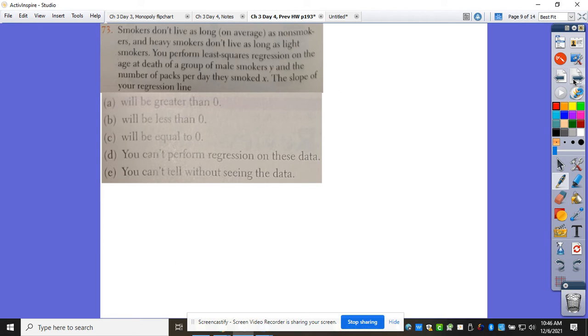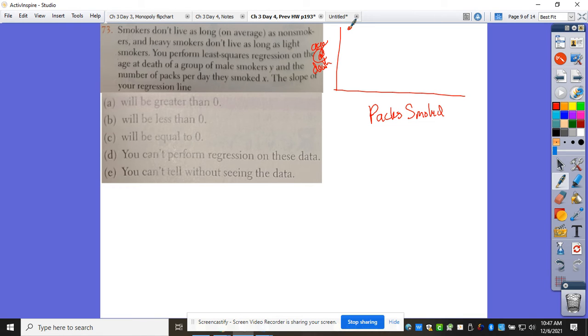Smokers don't live as long as non-smokers, and heavy smokers don't live as long as light smokers. You perform a least squares regression line on the age at death of male smokers and the number of packs they smoke per day as X. So if they don't smoke very much, what kind of age at death should they probably have?